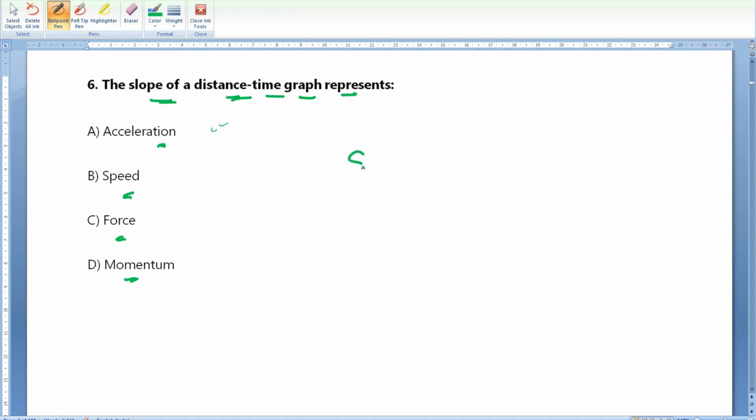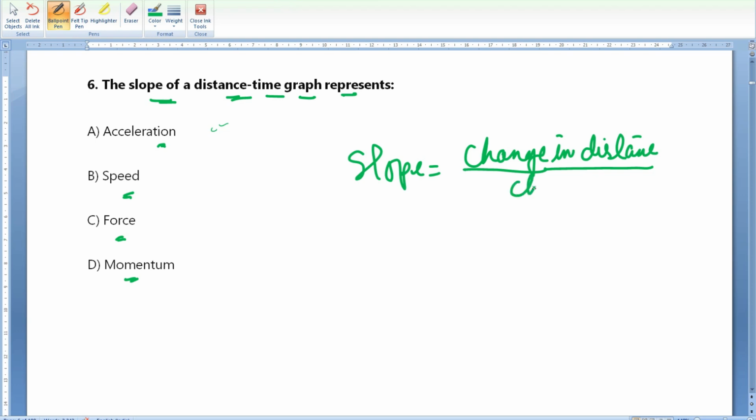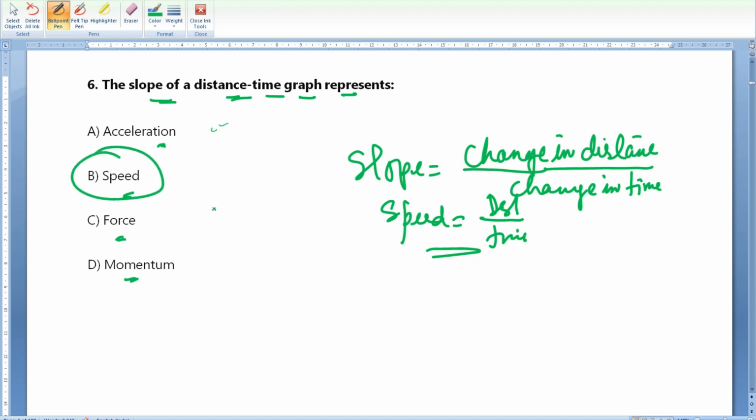Slope is equal to change in distance by change in time. That means speed is equal to distance by time. Therefore, the slope of a distance time graph represents speed.